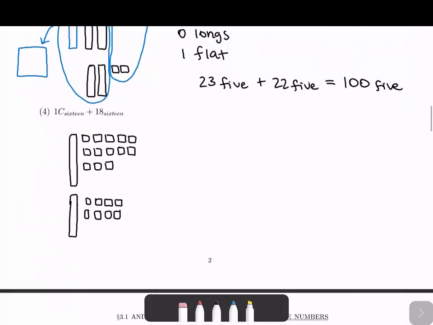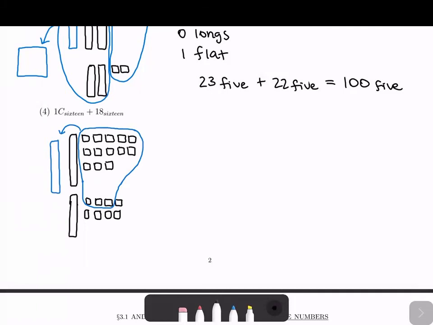Okay, so we start with regrouping the units. So we had 12 units up here. And so this is base 16, so we only needed these 4 more to get to another long. So we get 1 more long here. Sorry, like I said, these are not sharp edges. There we go. We got another long.